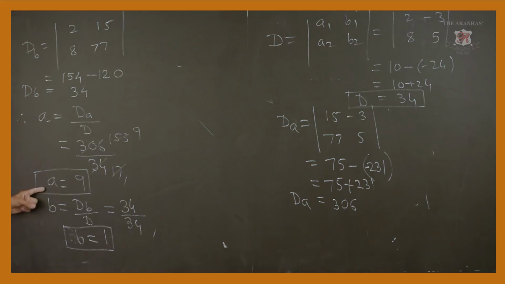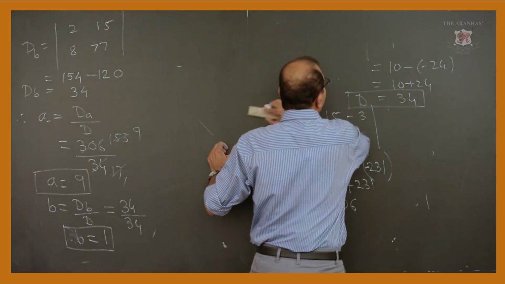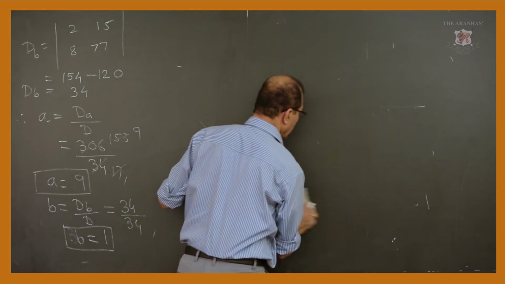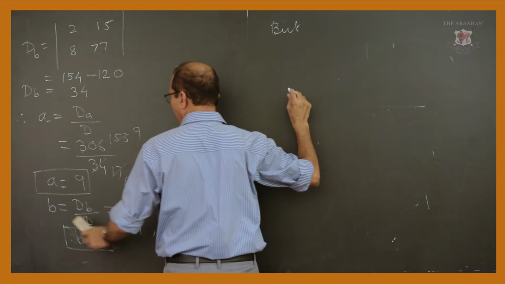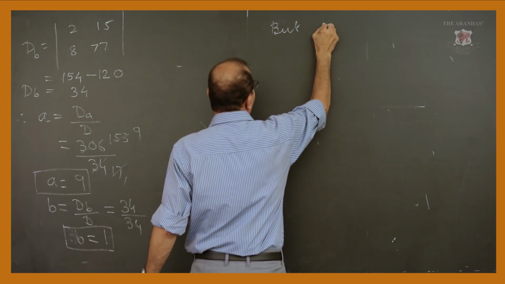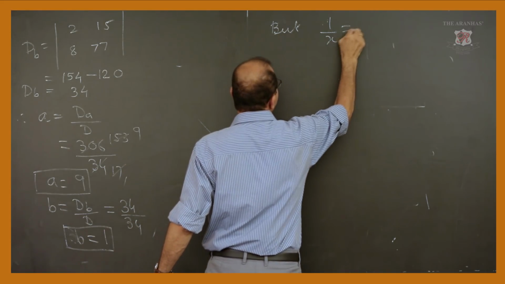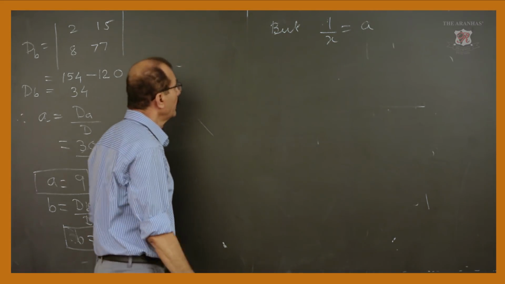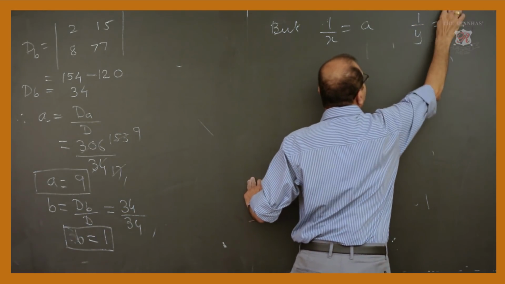So we have to resubstitute for A and B. My 1 upon x is my A, and 1 upon y is my B.